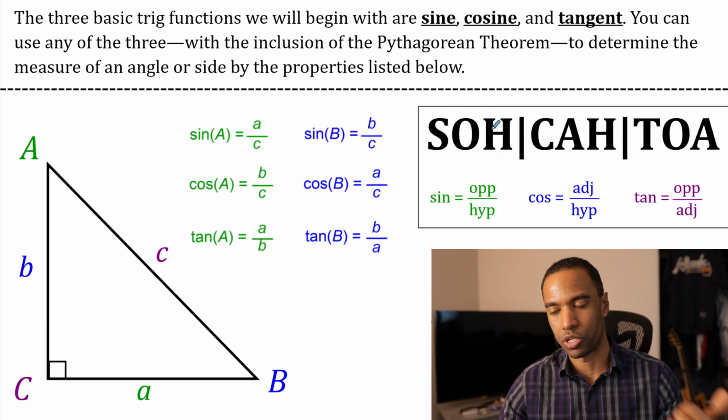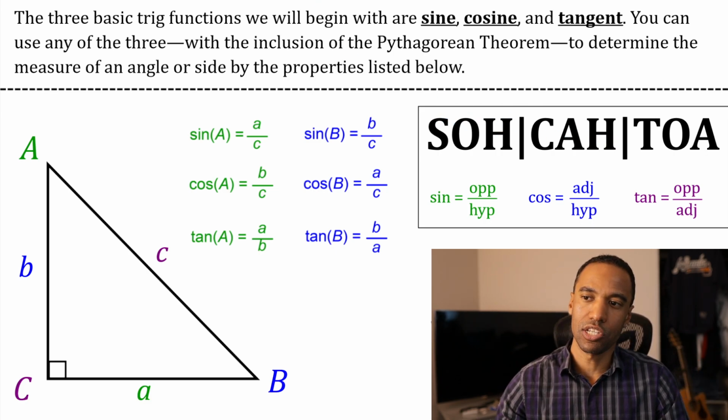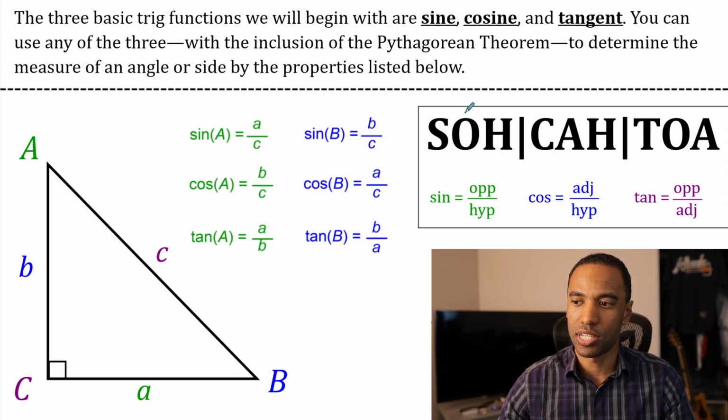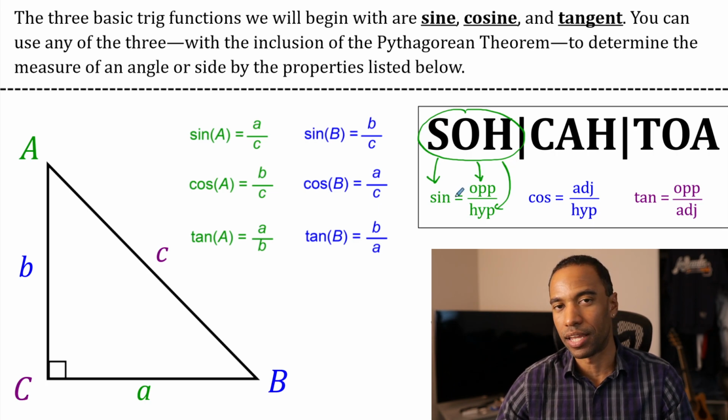Say it out loud with me, SOHCAHTOA. It's 9 letters, broken up into 3 sections, each of which are 3 letters. And within those 3 letter segments, each letter corresponds to the first letter in each word that we're representing to understand the ratio for each trig function.